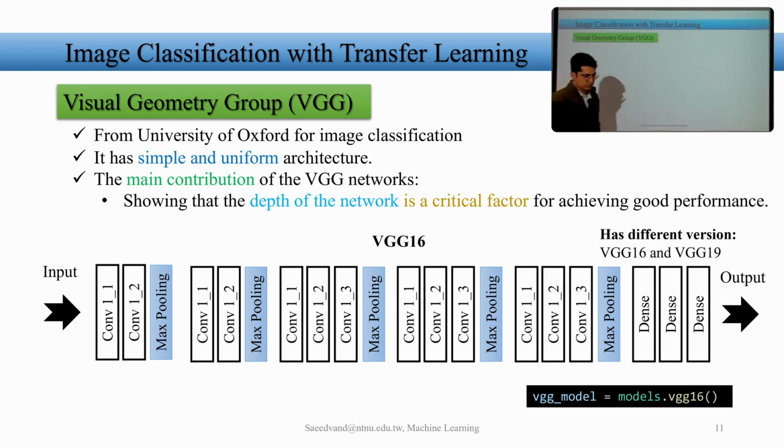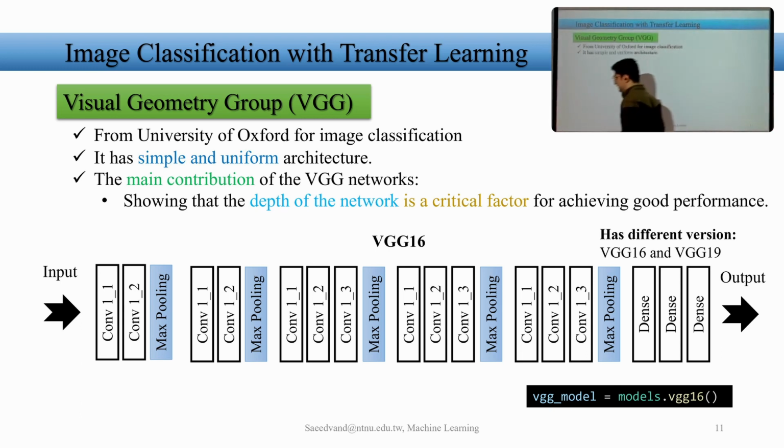Now let's have a look at one of the well-known deep learning models. Most likely you've seen it already, but let's see what it looks like. First of all, we want to talk about the Visual Geometry Group, VGG, from the University of Oxford, for image classification.